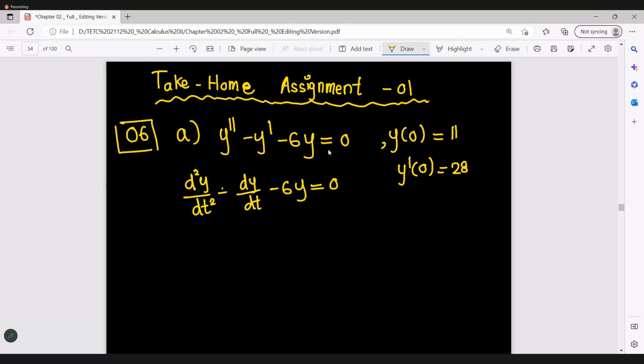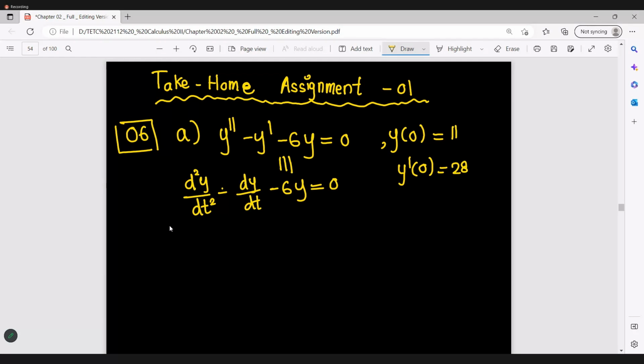In the examination, maybe you will receive this type of problem and you need to know these two are the same. Okay.